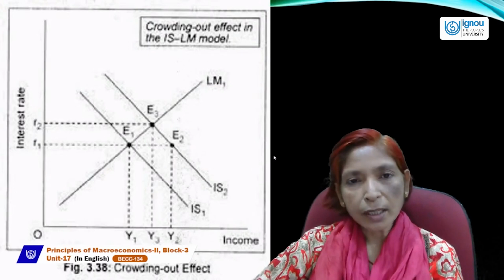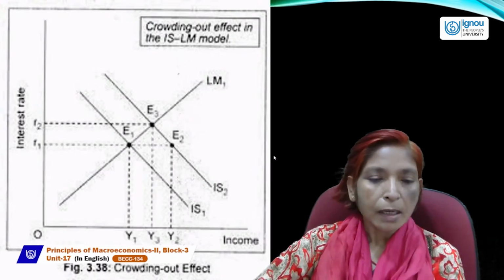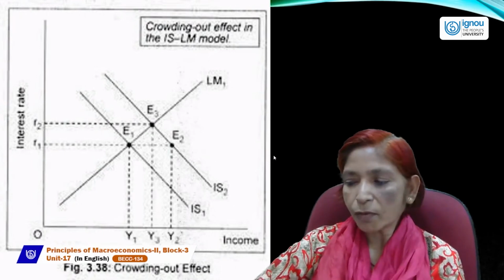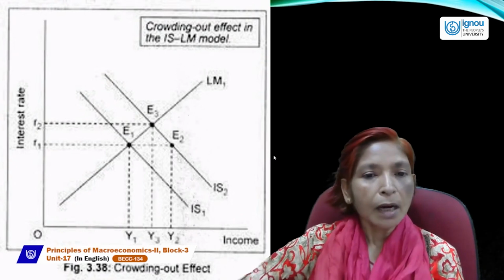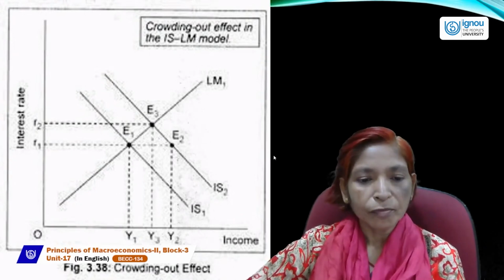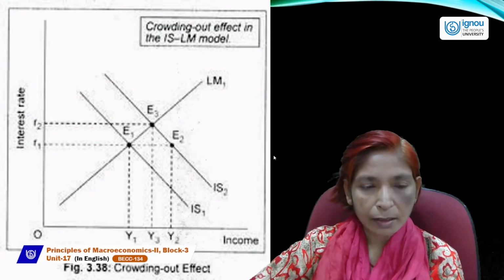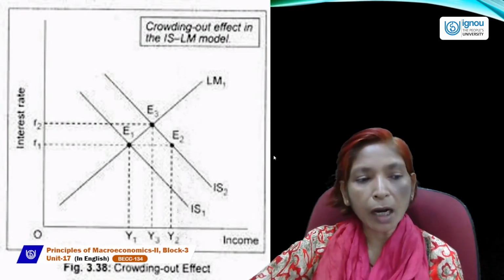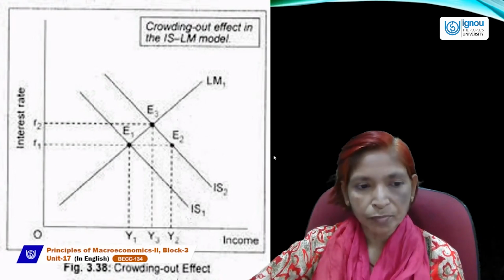The crowding out situation can be explained with the help of a diagram. Here, first of all, we will draw the IS curve. The IS curve is always a downward sloping curve and the LM curve is always an upward sloping curve. Where both curves intersect each other, equilibrium point E1 is determined. At this equilibrium point, the rate of interest will be R1 and the level of income will be Y1.